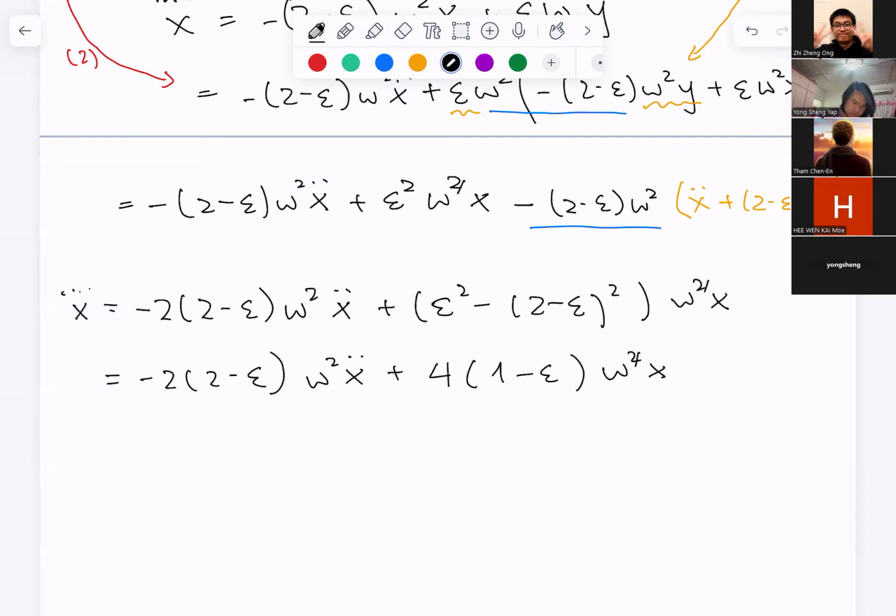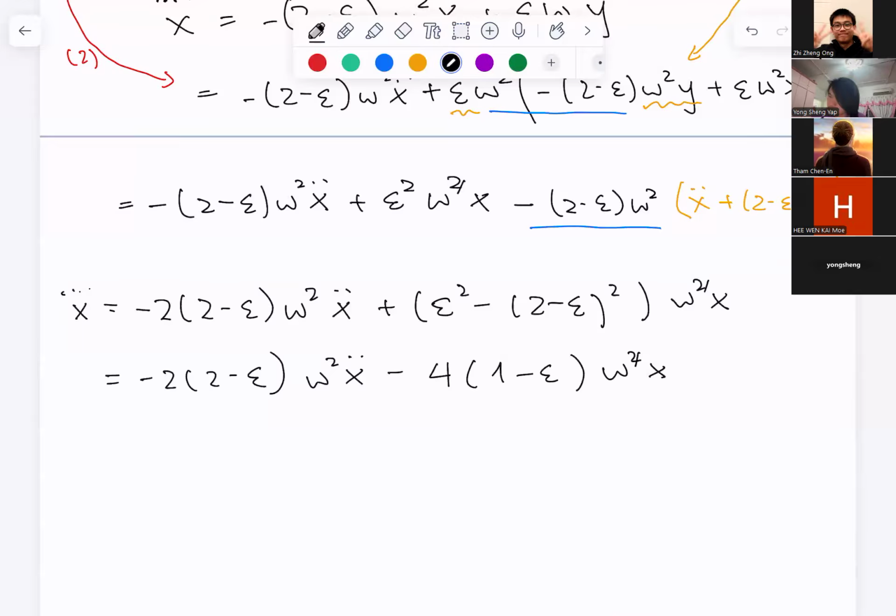Okay, let me check my notes. It should be 1 minus epsilon. Yeah, I think that should be correct.